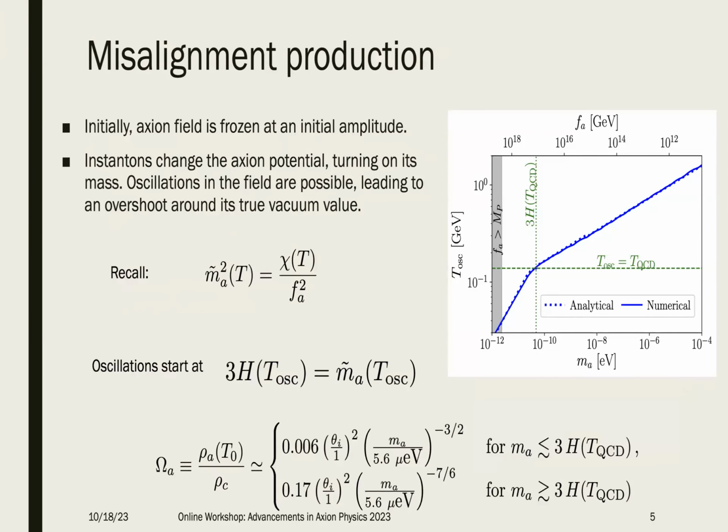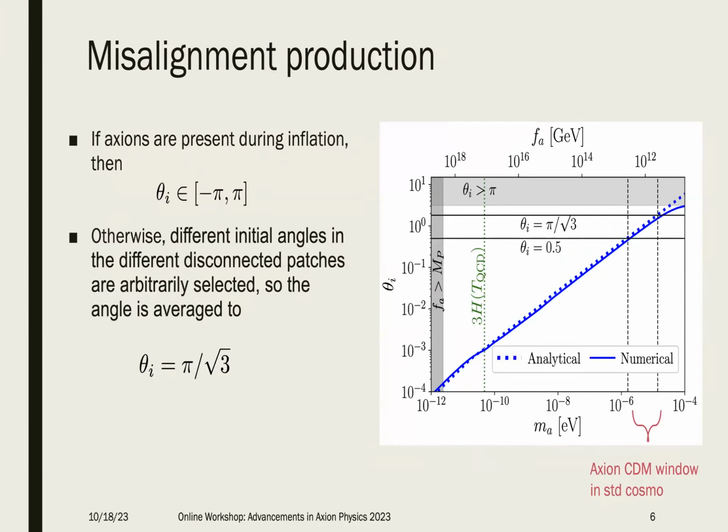I will not say anything about the misalignment because I can skip this figure. The only thing I want to stress is that in a radiation-dominated period, we can produce this plot here, which is the misalignment angle versus the axion mass.